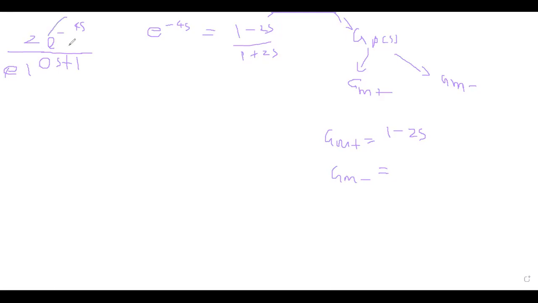So this we broke down into this, right? So we got this as our GM plus. So this part goes to the bottom, right? So we can write GM is equal to 2 over 10s plus 1, because they are from the beginning, this part, and this part which came from the approximation.